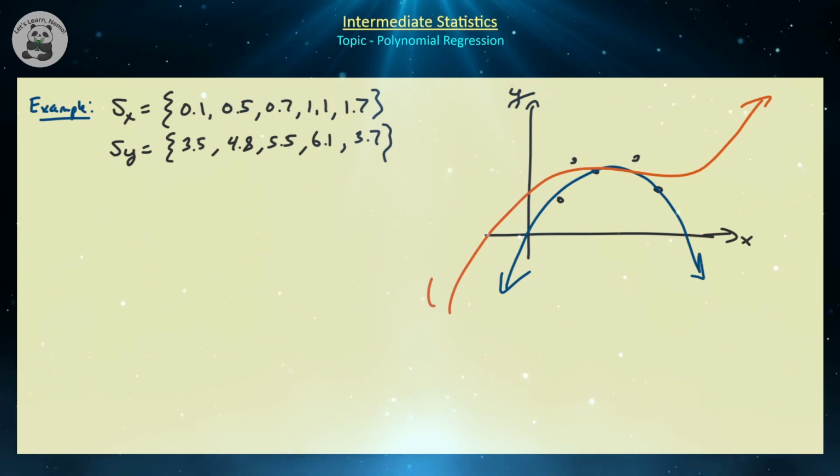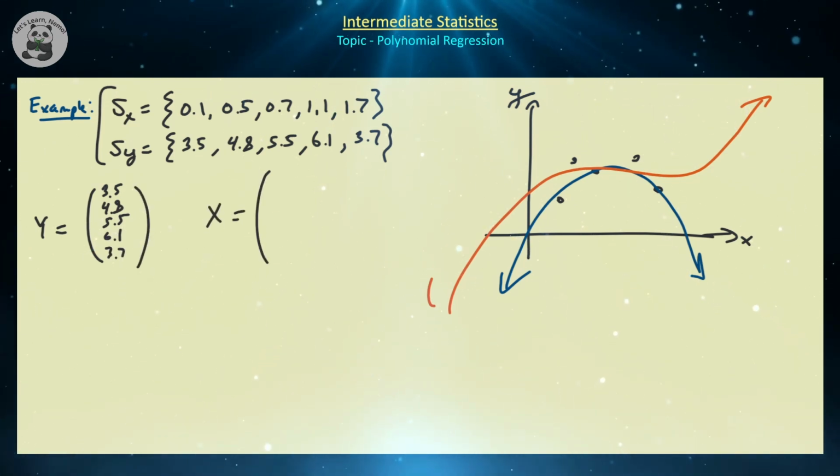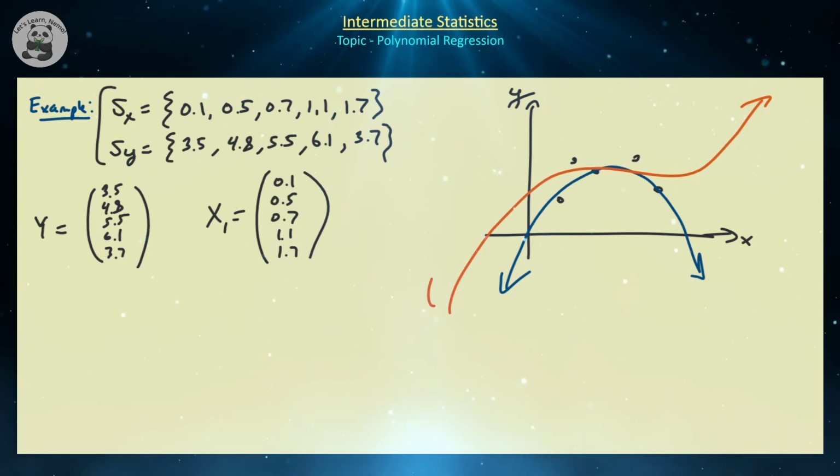So the first thing that we obviously would have to do is create a response vector y. So y is going to be equal to our responses, so 3.5, 4.8, 5.5, 6.1, and 3.7. Our predictor values, x is going to be equal to 0.1, 0.5, 0.7, 1.1, and 1.7. And obviously that's going to be defined as x1 for our first order linear term vector.